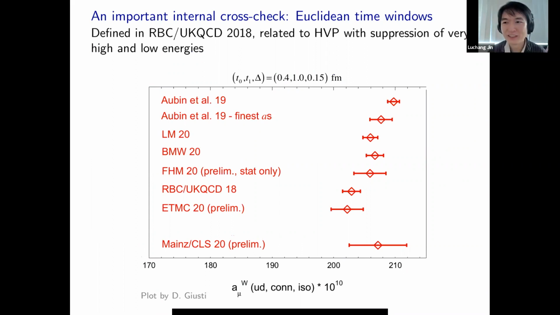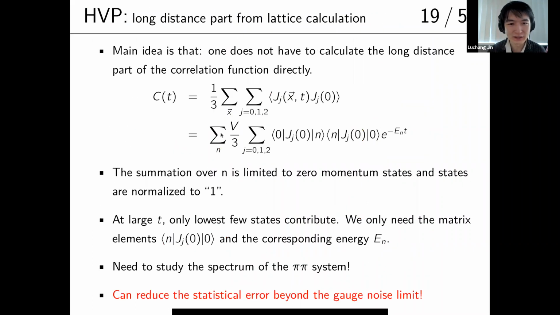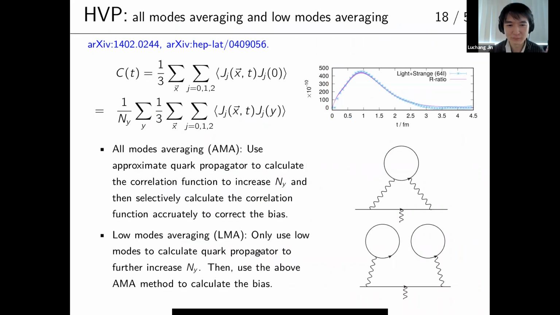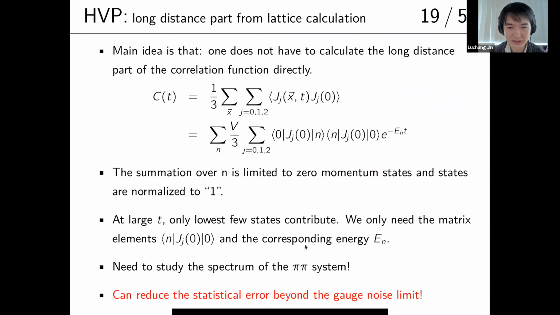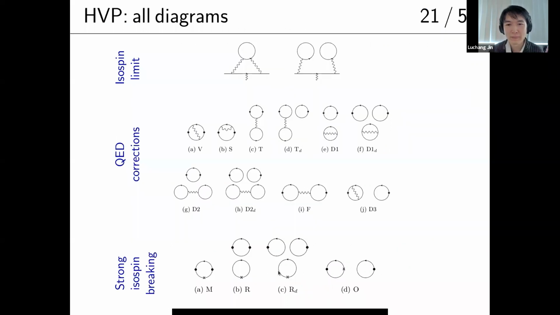And the reason that they managed to get the part outside of the window very accurately is very simple. They use this method to improve the signal, just like everyone else does, but they have a much larger set of configurations to average over. Currently, no one has actually used this yet in the published result, although people are developing the methods.